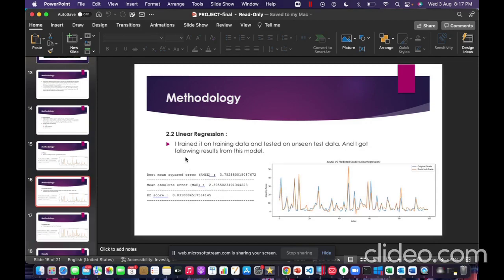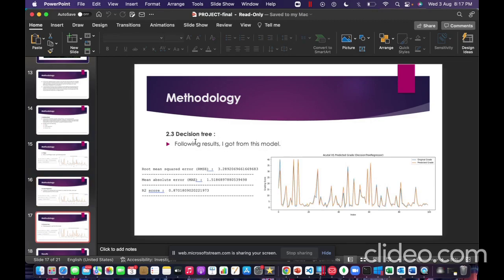In the same way, I trained it on training data and tested on unseen test data, and I got the following results from this model. So in linear regression, root mean square error is 3.75, mean absolute error 2.39, R2 score 0.83.